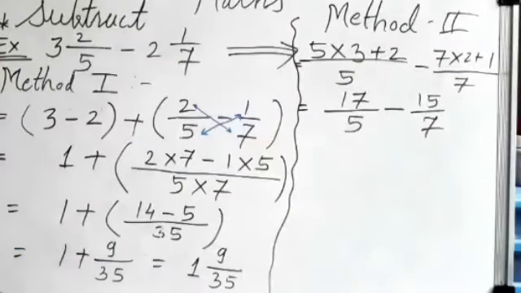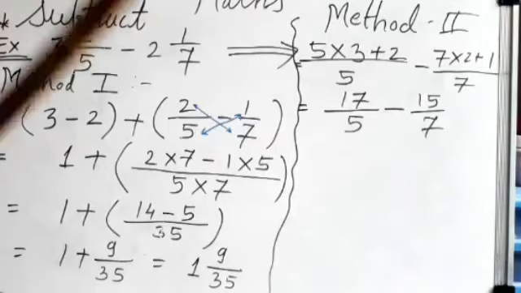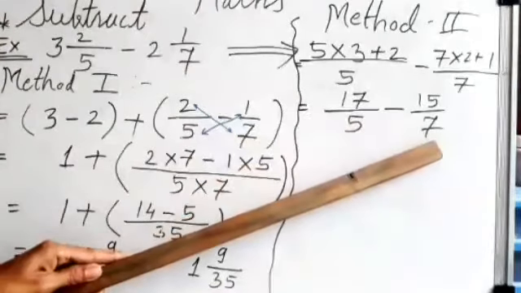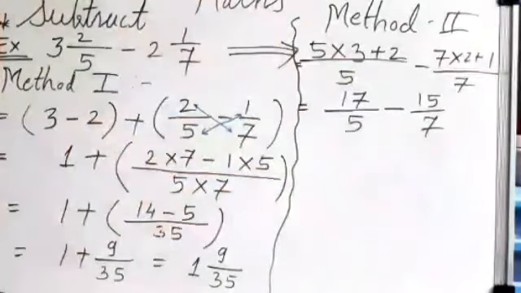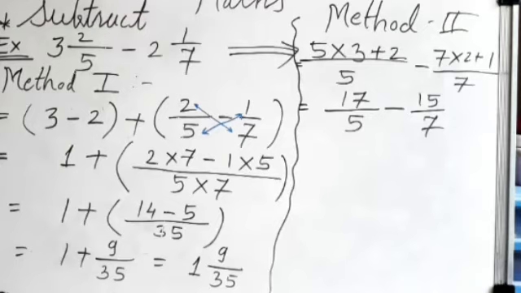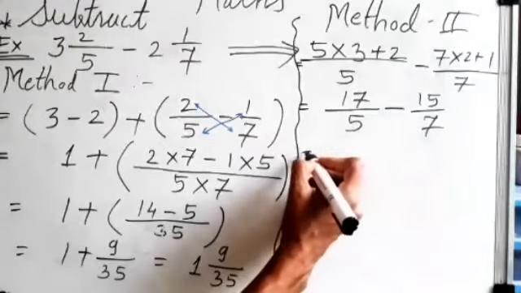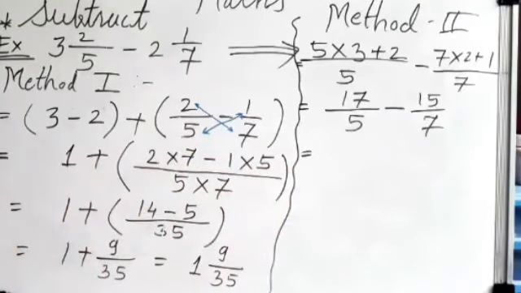Now here again denominators are not same. So these are unlike fractions. So you have to make the denominators same. Remember, unless and until denominators are same, we cannot add or subtract any two fractions. So here again do the cross multiplication.